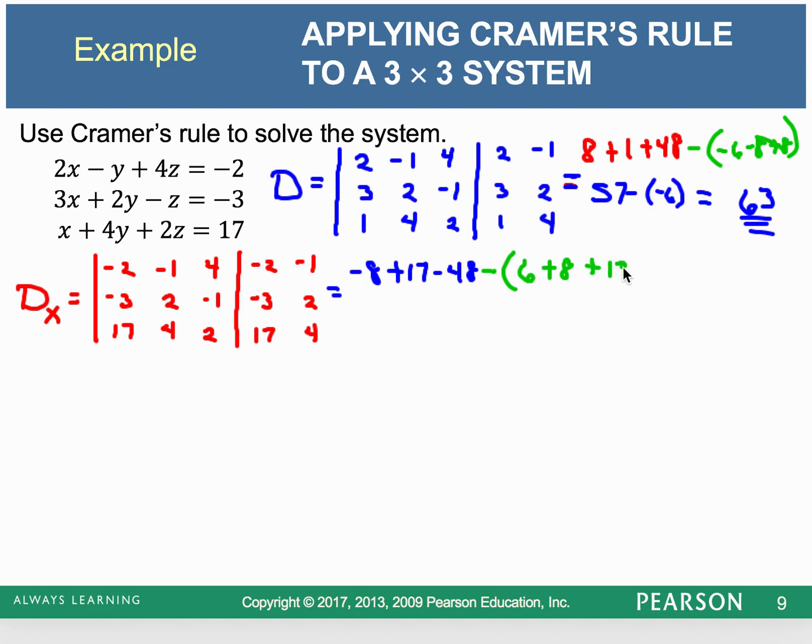Be sure you check your math, right? Yeah, that looks right. Okay. So we have 9 minus 48, so negative 39 minus 14, so 150. So minus 189.